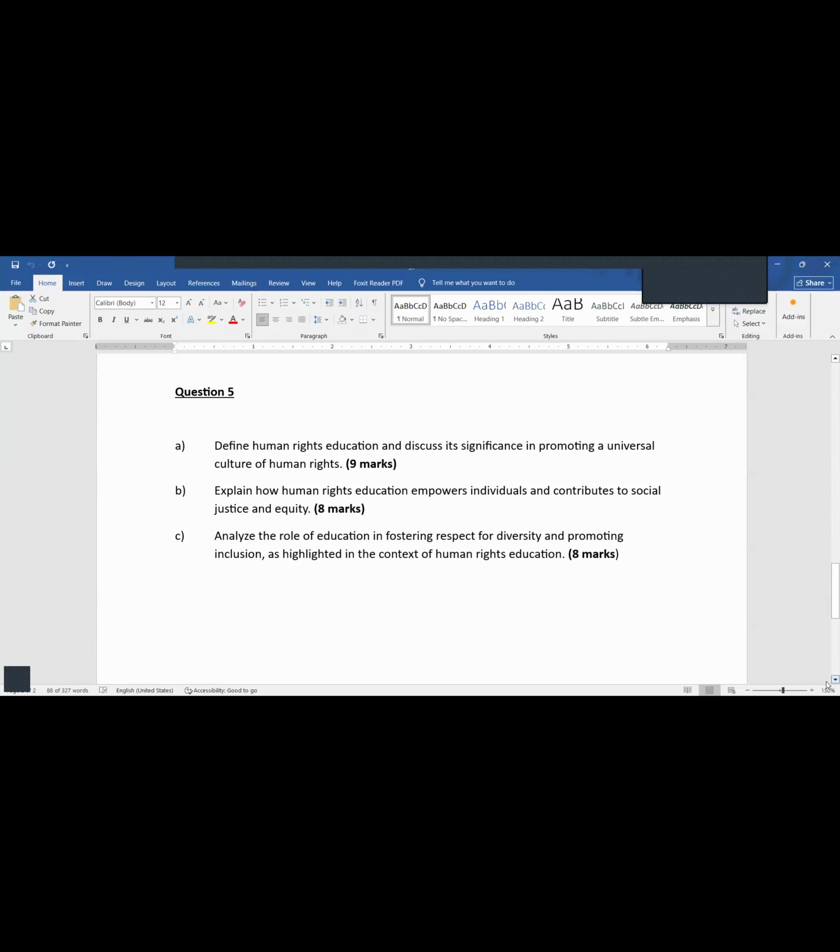Define human rights education and discuss its significance in promoting a universal culture of human rights. So it is a very recent lesson, therefore you may remember. But in the earlier questions, they were based on other lessons. They are also very easy, but you cannot remember them. That is the problem.